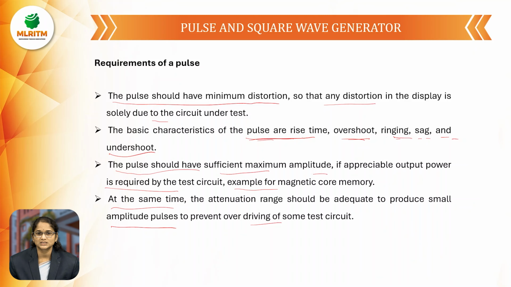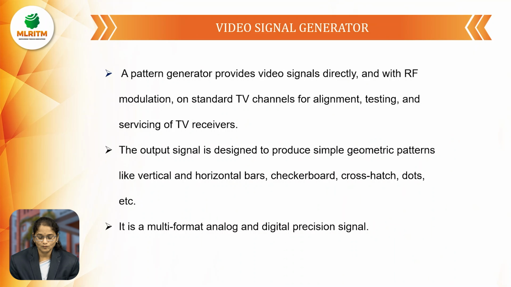Next, we are going to discuss the video signal generator. What is the video signal generator here? The pattern generators are used to provide the video signals directly by using radio frequency modulation. By using this, we are going to test the standard TV channels for alignment, and the testing and servicing of TV receivers.